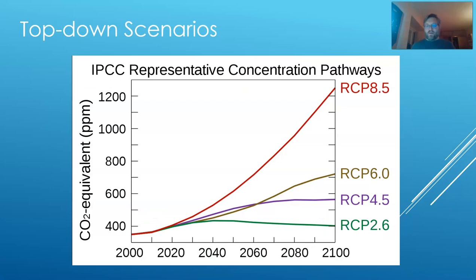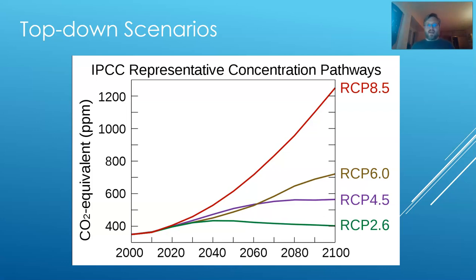Here are some top-down scenarios, and the top-down scenarios are the ones that the IPCC has kind of moved towards using more, so you'll see a lot more about these top-down scenarios. You'll see references to RCP, some number. When you see RCP, that stands for Representative Concentration Pathway. That's the name of a top-down scenario.